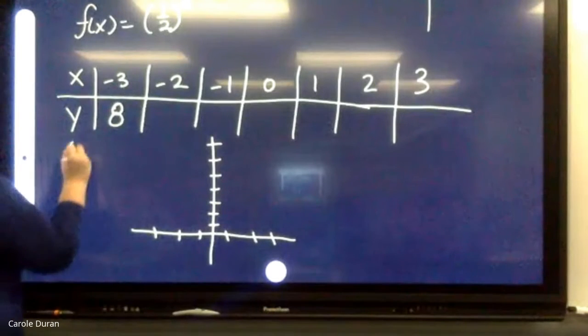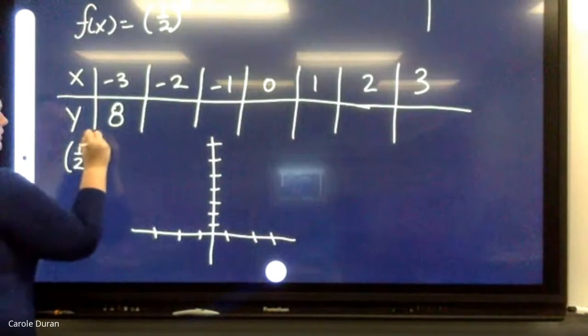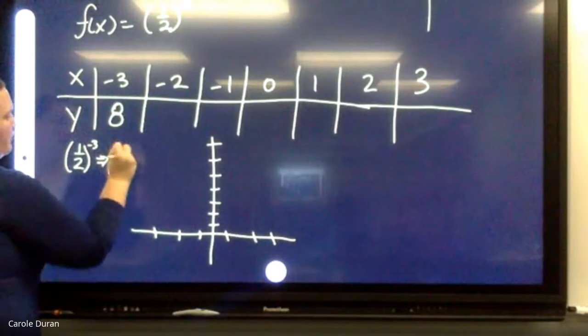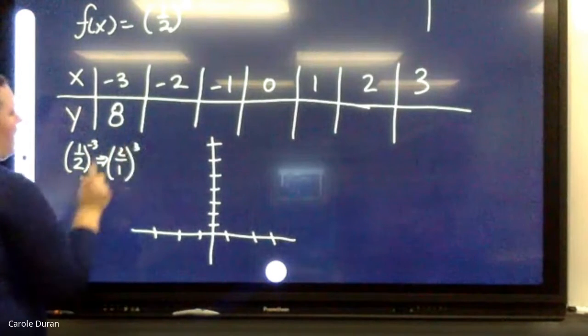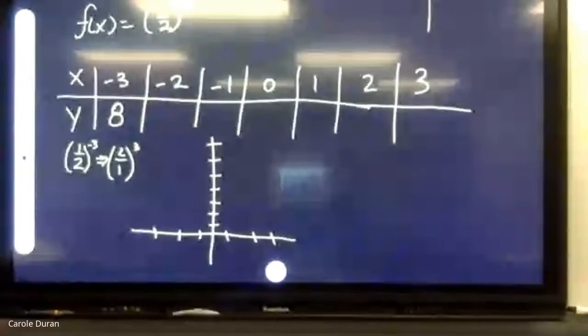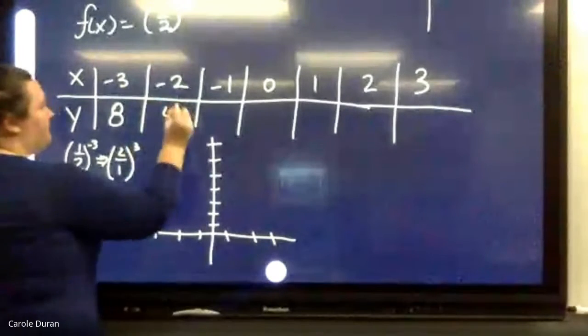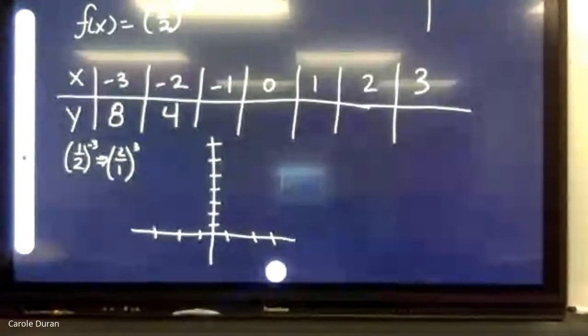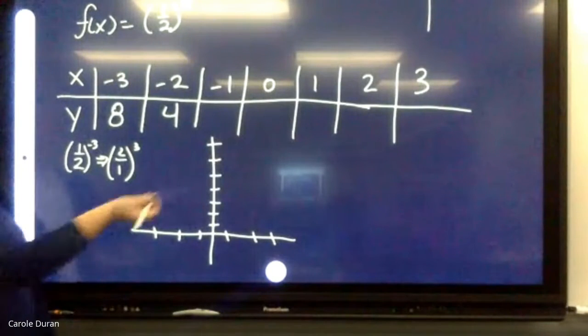So in case you need the visual, this becomes the fraction flipped to the +3 power, 2 cubed is 8. I do the same thing with the -2. 1/2 to the -2 flips and becomes 2 to the 2, which is 4. 1/2 to the -1 flips and becomes 2 to the 1, which is just 2.